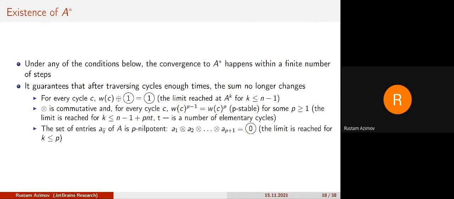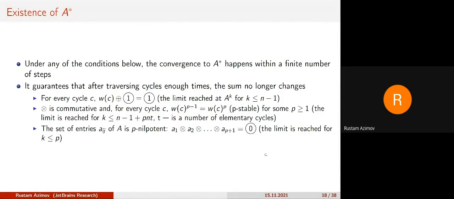That means that the product of any number of elements greater than p will be 0.